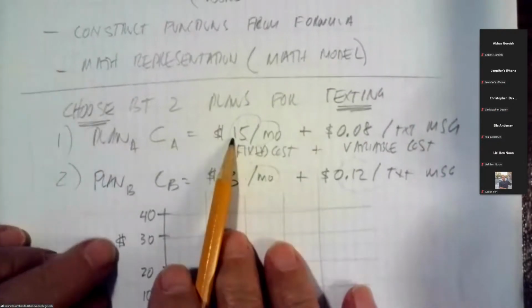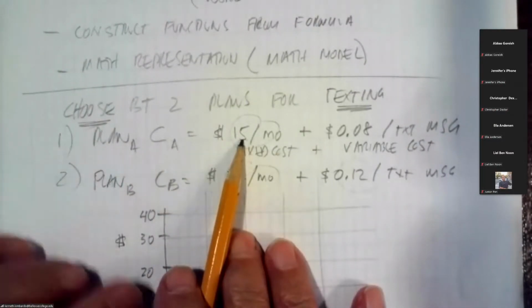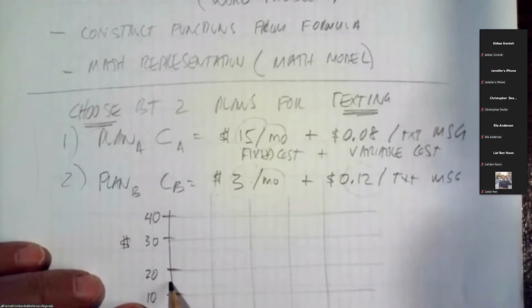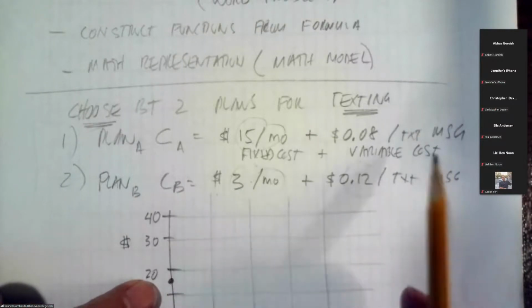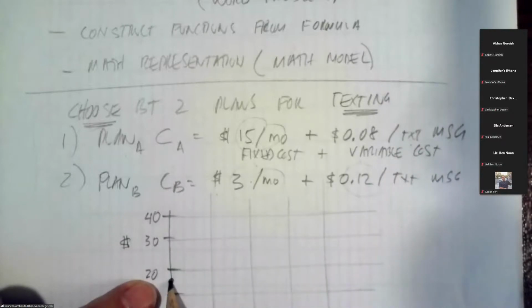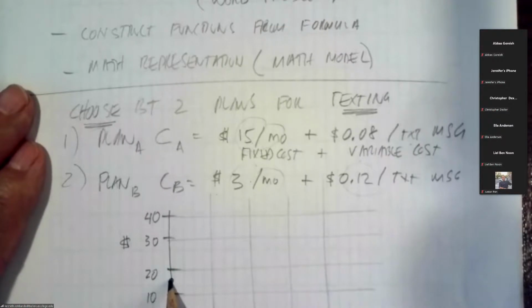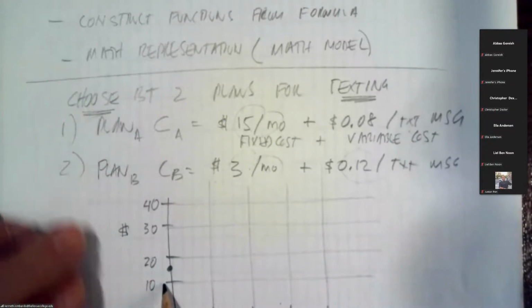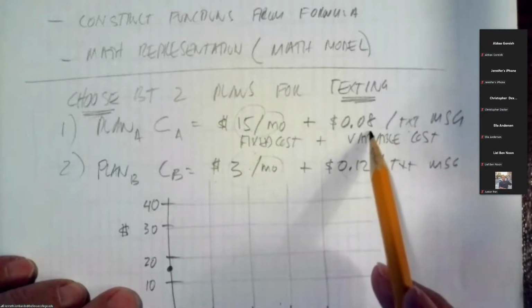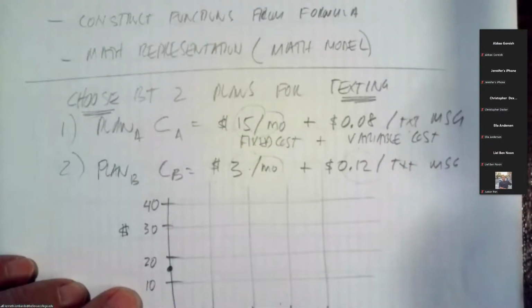And if I were to plot plan A, that's a fixed cost of $15 a month. So I'll say that's approximately here. So plan A starts, even if you send no text messages during the month, it's still going to cost you $15 just to be on the plan. And then if you start sending messages, it goes up at 8 cents a message.